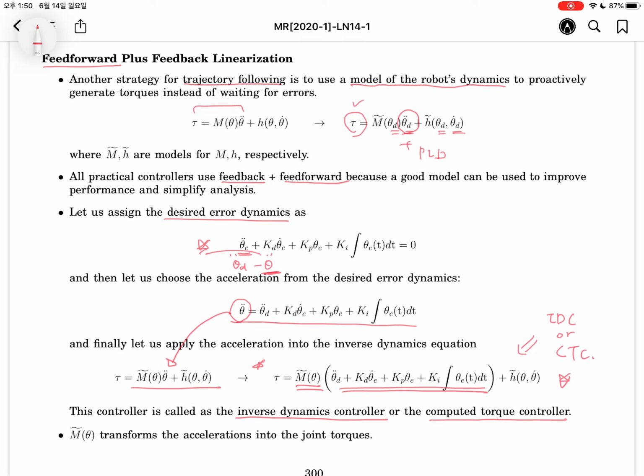So joint torque and joint acceleration are different. Maybe the inertia matrix has off-diagonal terms, so the inertia matrix will rotate and maximize or minimize something like that using the principal axis or minor axis. Then we can get the joint torque. So the role of M is to transform the acceleration into the joint torque.